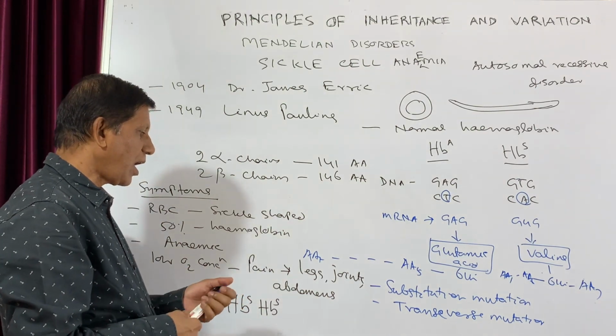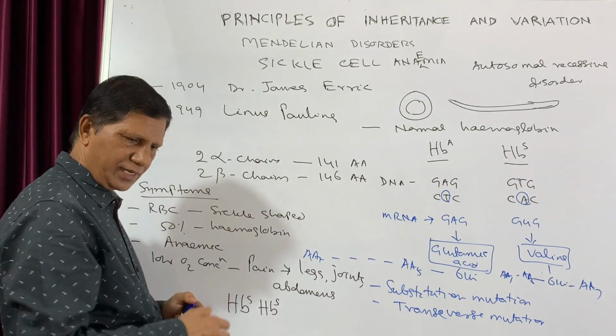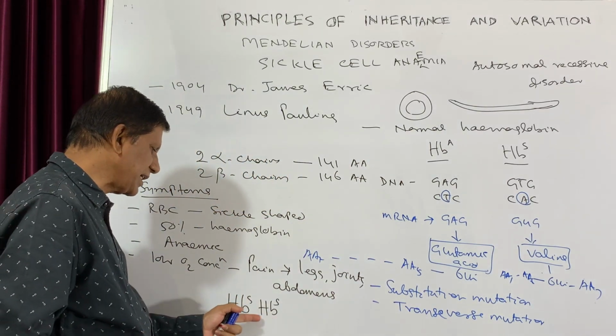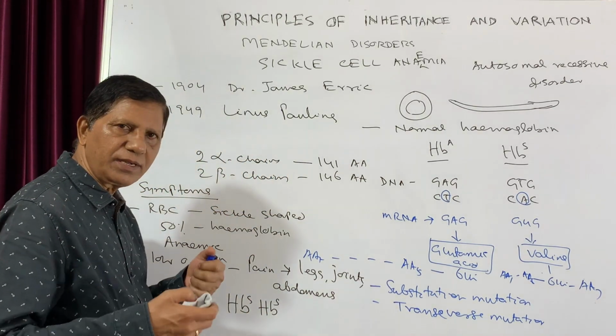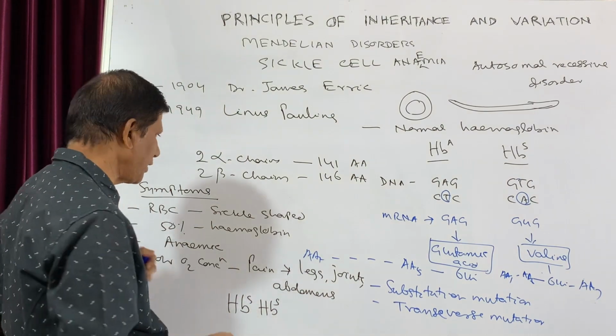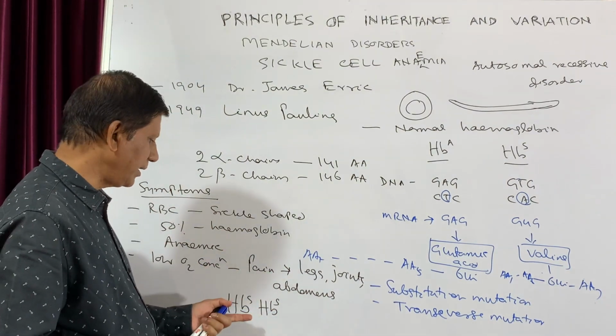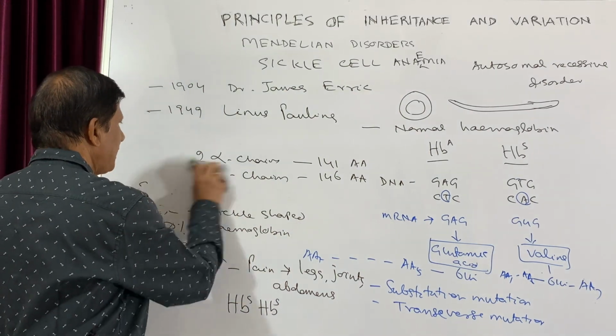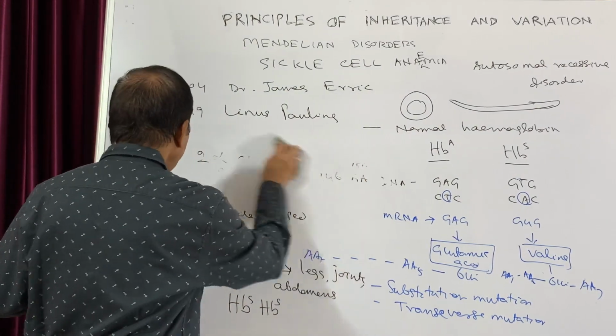Now, how we can avoid all these things? And again, another thing, how do these sickle cell anemia persons come to the society, because all persons are not suffering from sickle cell anemia. So what is happening, let us discuss.